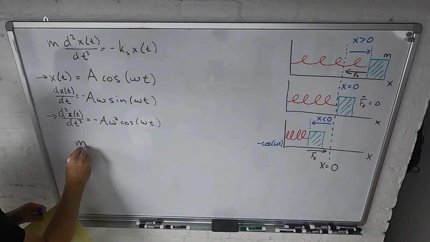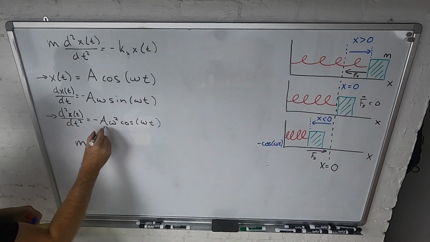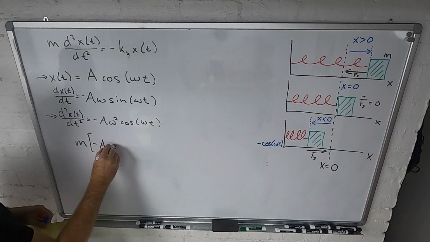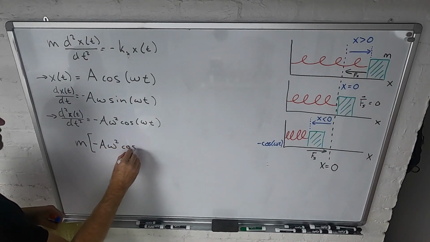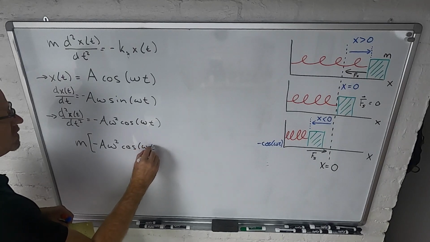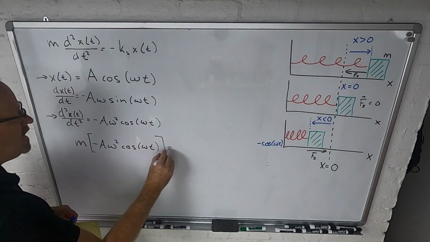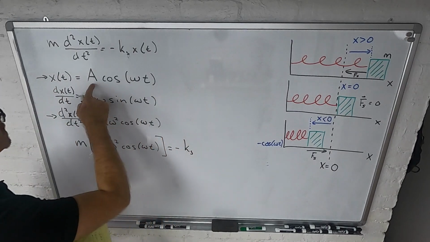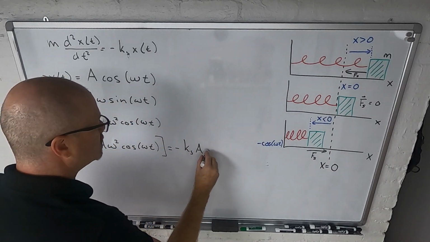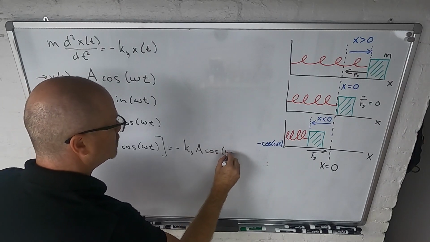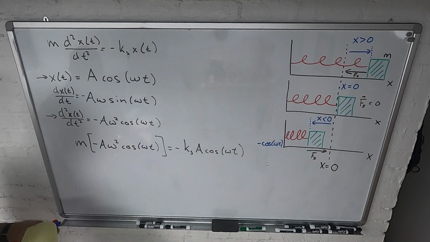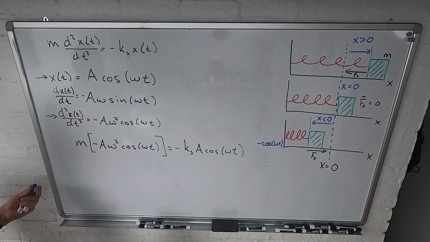Mass times this, minus A omega squared cosine omega t, equals minus k sub s A cosine omega t. Pretty cool.